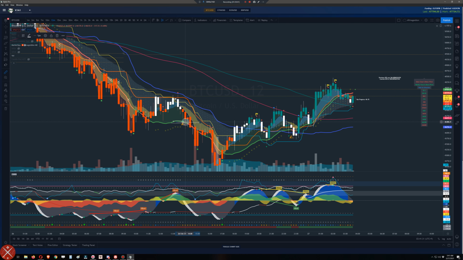And from your entry to this half a candle is a $173 distance on a 12-minute chart. You need to be able to take the majority of your contracts out of this trade by this time, this distance. Because look, it's 366 because it's been moving aggressively. But here, it was probably about 160 or so.